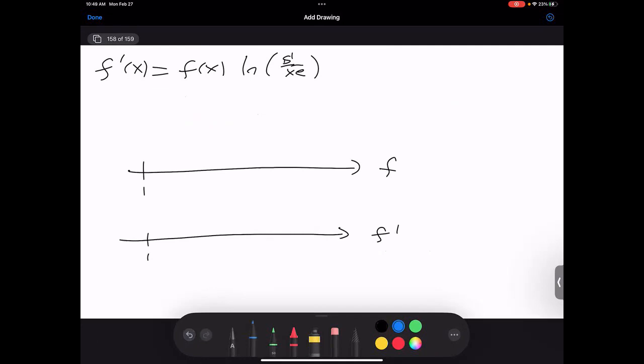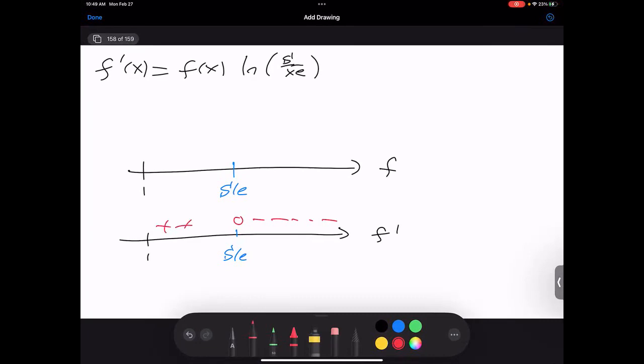And then we have the special point when X is equal to S over E. The derivative is 0 at S over E. When X is greater than S over E, the natural log of S divided by X over E is going to be the natural log of a number less than 1, so it's going to be negative. When X is less than S over E, I've got the natural log of a number greater than 1. What's true about the natural log of a number greater than 1? It's positive.